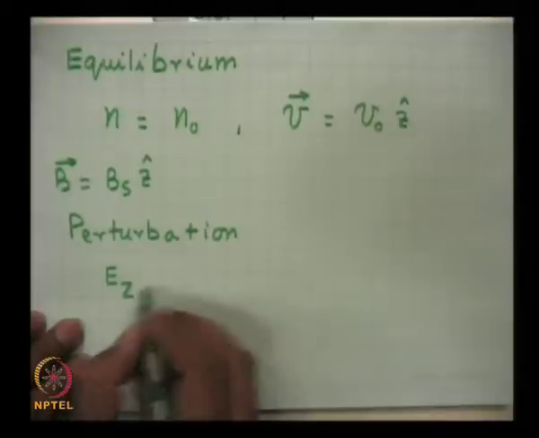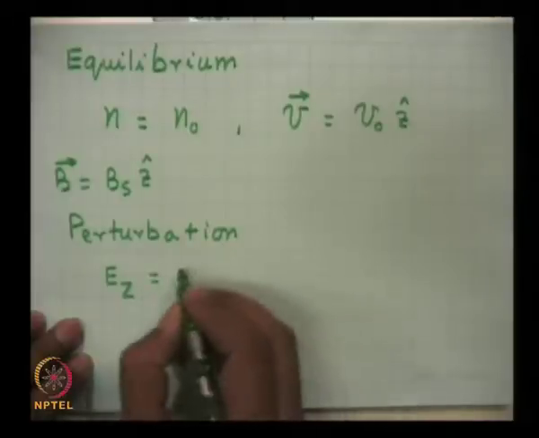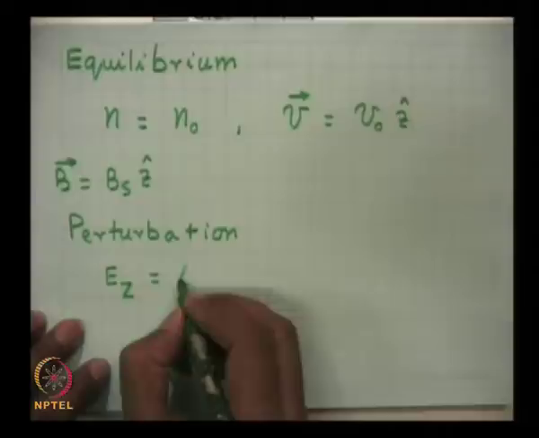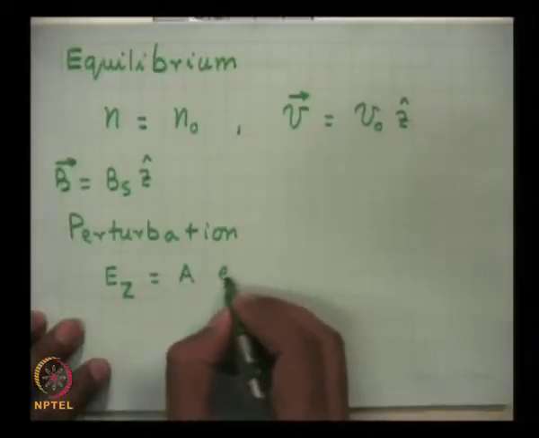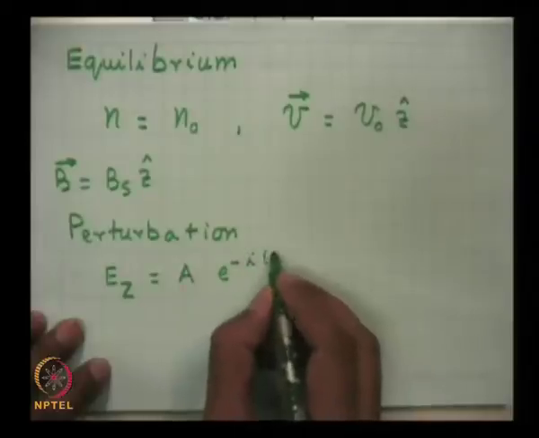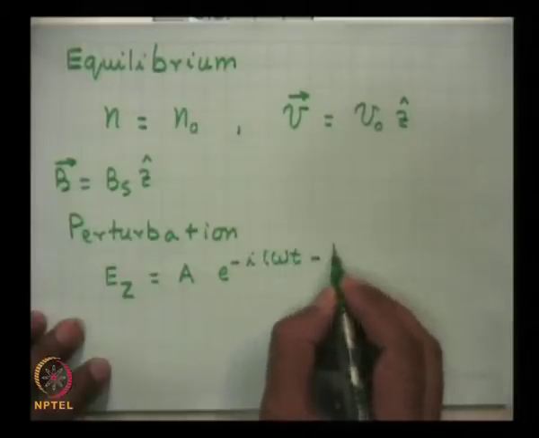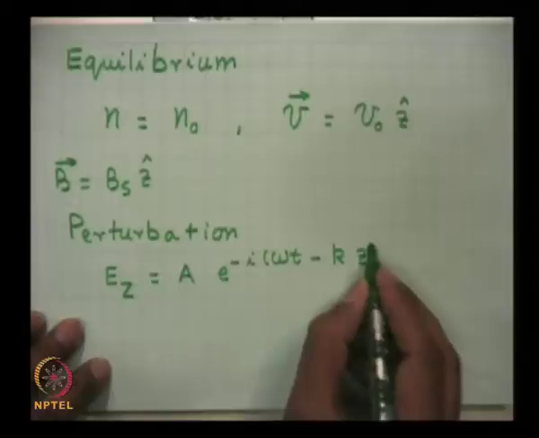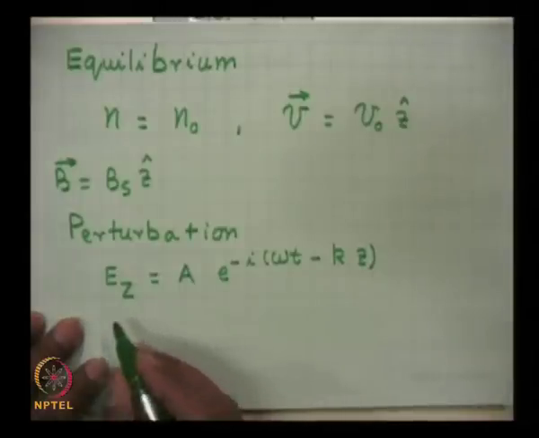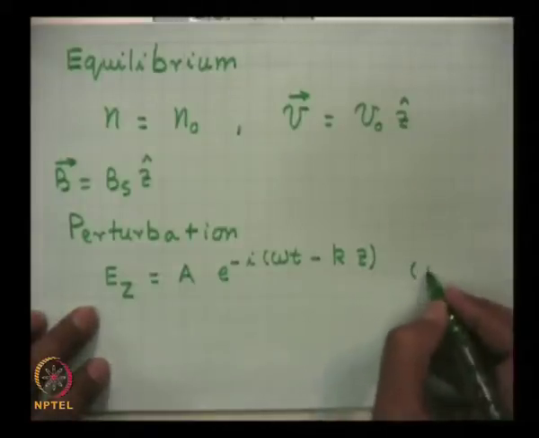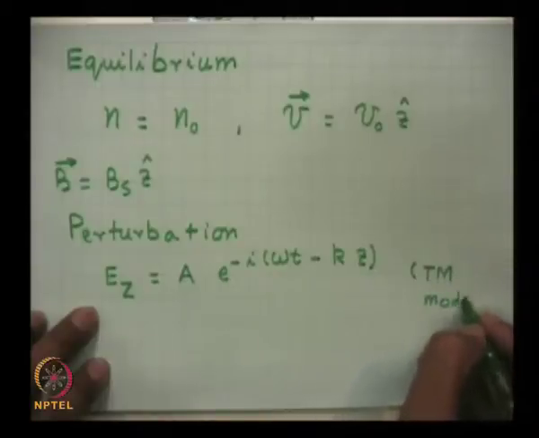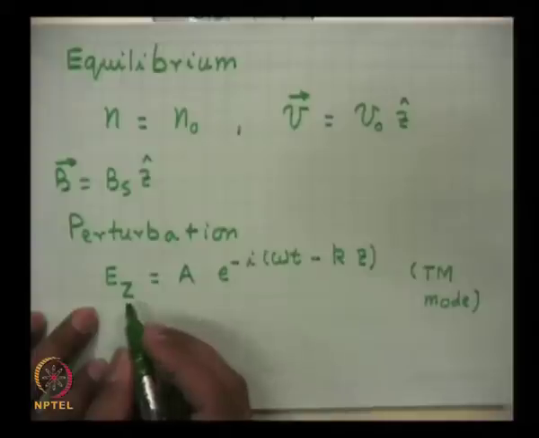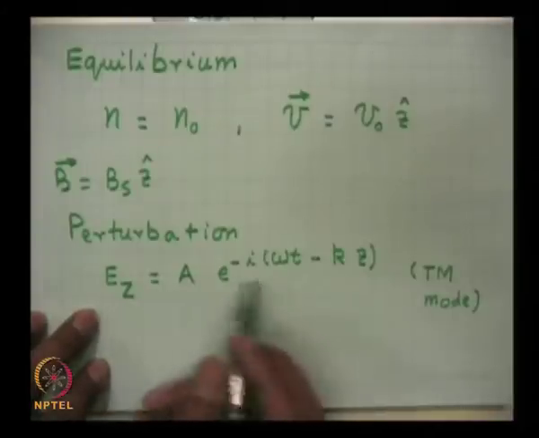So, let me write E_z is equal to some amplitude A which depends on r, exponential minus i (omega t minus k z). This is my TM mode. Means H_z is 0, but other components of magnetic field are finite.